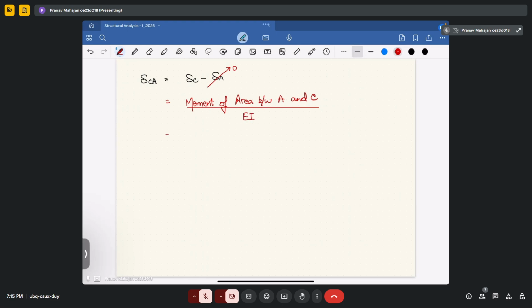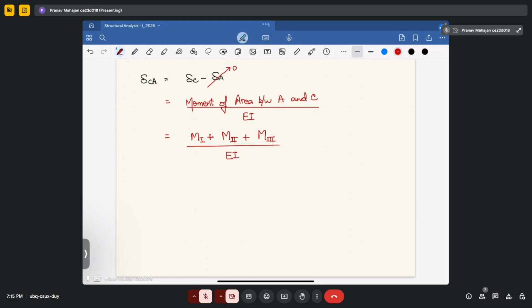So first we will find moment of area. So I will find moment 1, moment 2, moment 3 of 3 sections divided by EI.